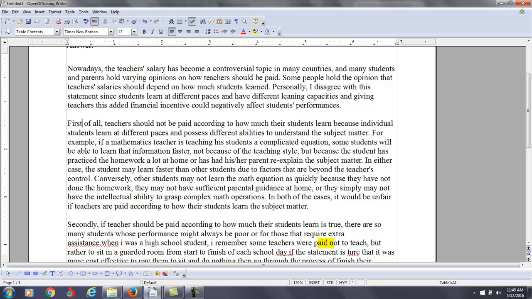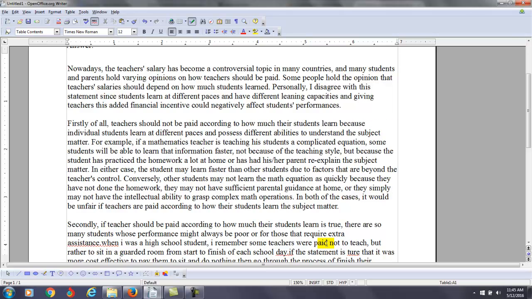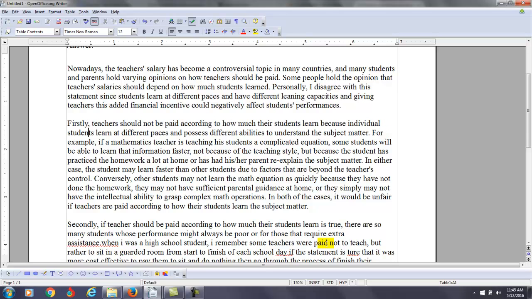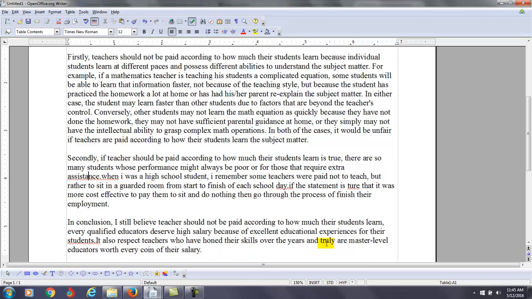So if you say secondly, then we can say here firstly. Okay, I want to make this paragraph work, but I'm just not sure what you're trying to say here.